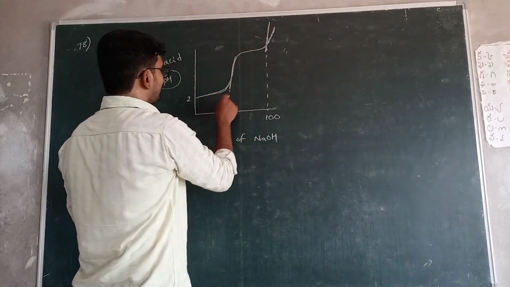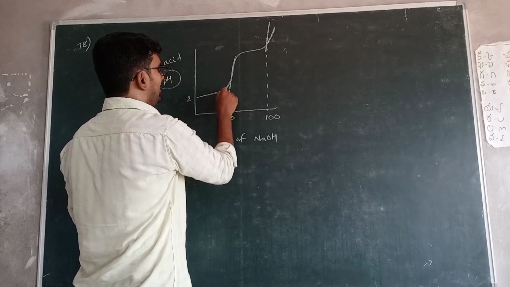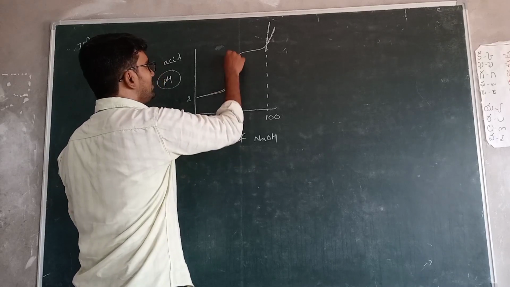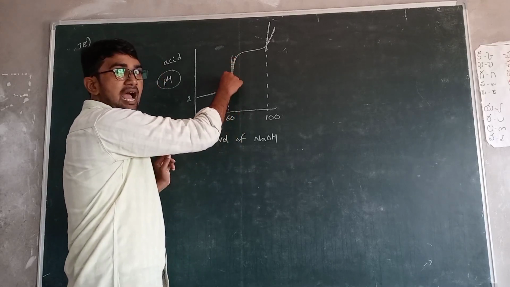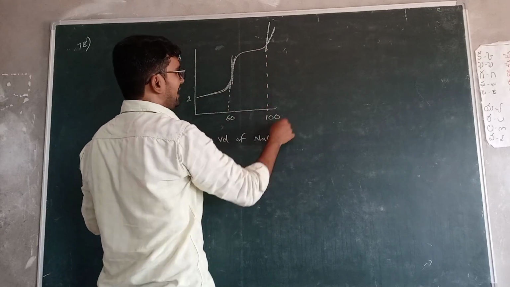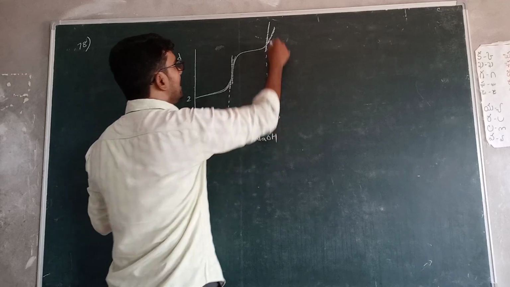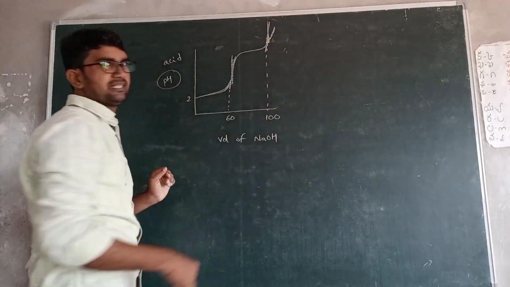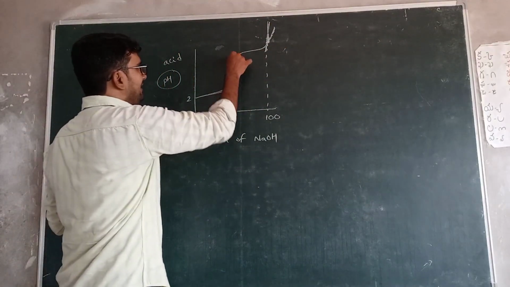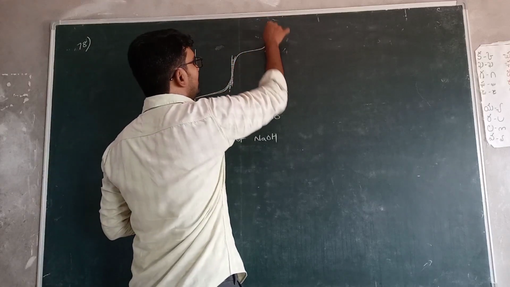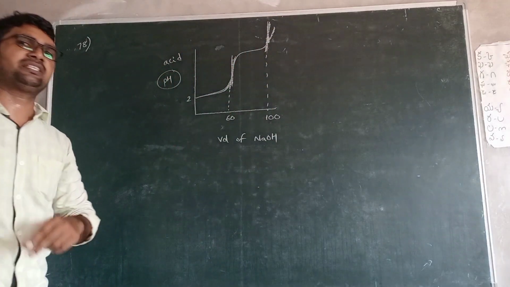Already at 60 ml, these two are in equilibrium, in neutralization. After addition of 40 ml extra NaOH, again we got one neutralization. This straight line indicates the neutralization, and this straight line indicates the neutralization. Two neutralizations we observed.